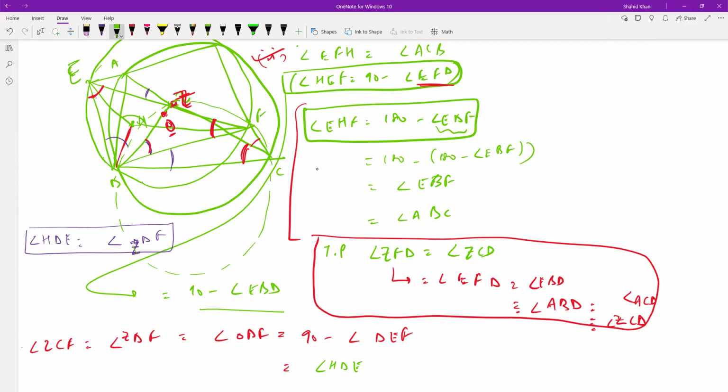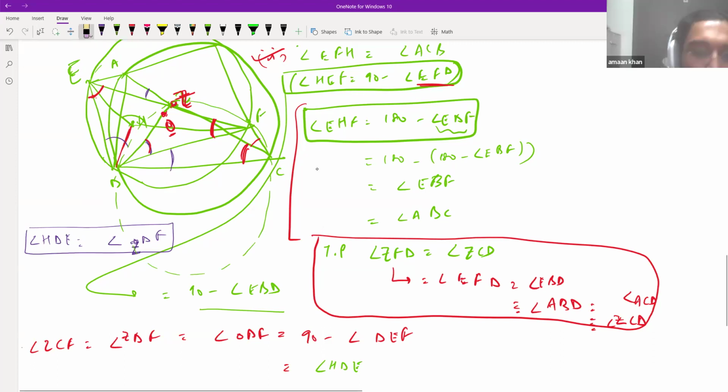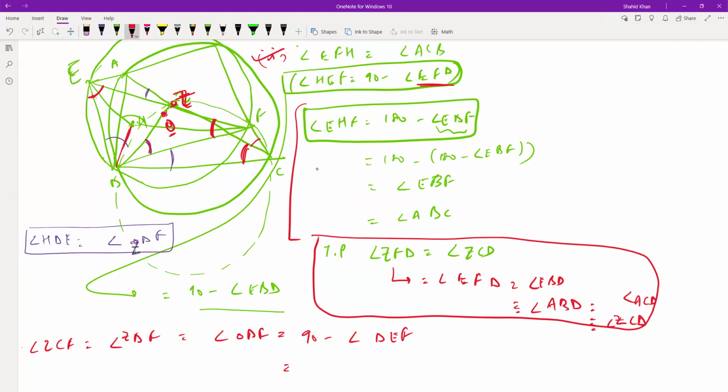Should I repeat? Yeah, just repeat it. Once you get angle ODF as 90 minus DEF, notice that that's equal to angle ZCF, which is equal to angle ACB. And 90 minus angle DEF is just angle HFE, because H is the orthocenter.